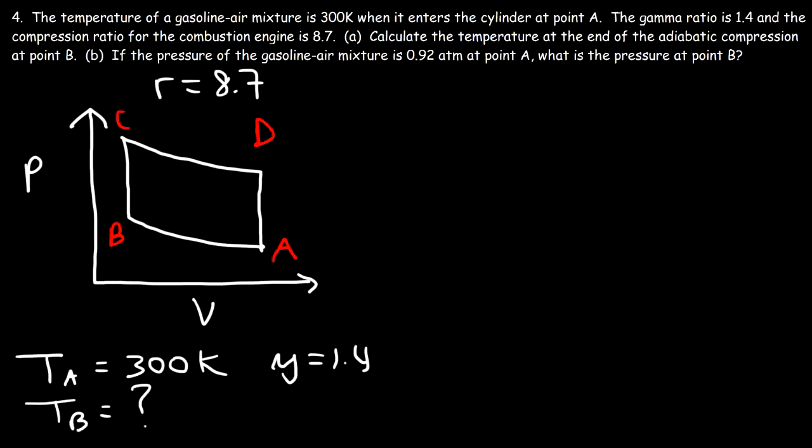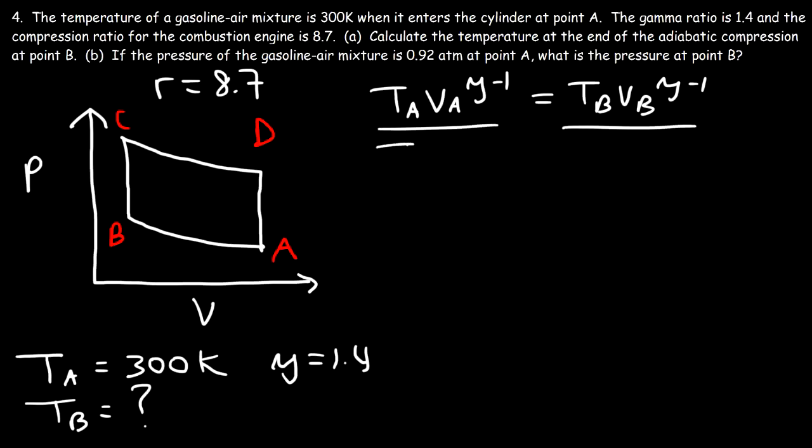So what formula should we use to calculate this? Well, we can use this equation. TA VA raised to the gamma minus 1 is equal to TB VB raised to the gamma minus 1. Now what I'm going to do is divide both sides by TA and by VB.